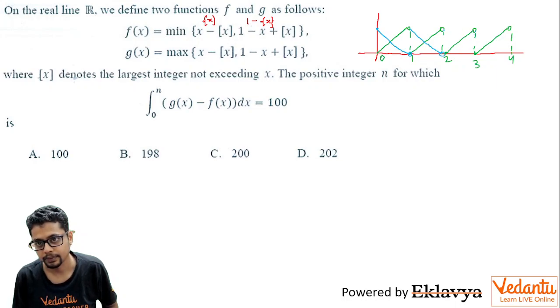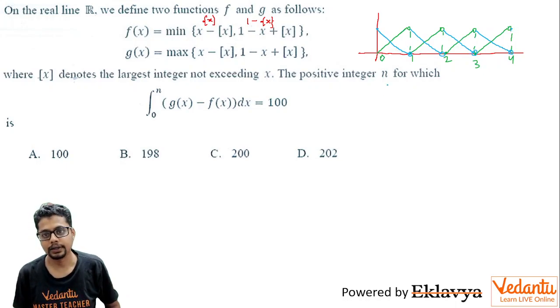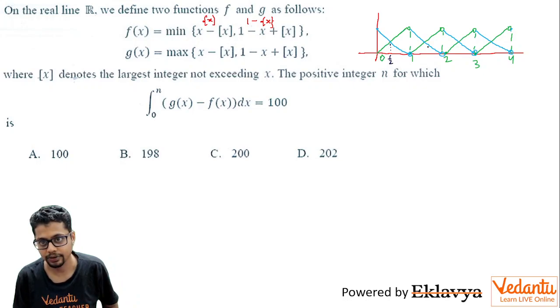So here clearly you can see that they intersect each other at 1/2, 3/2, 5/2, 7/2, and so on and so forth, right?